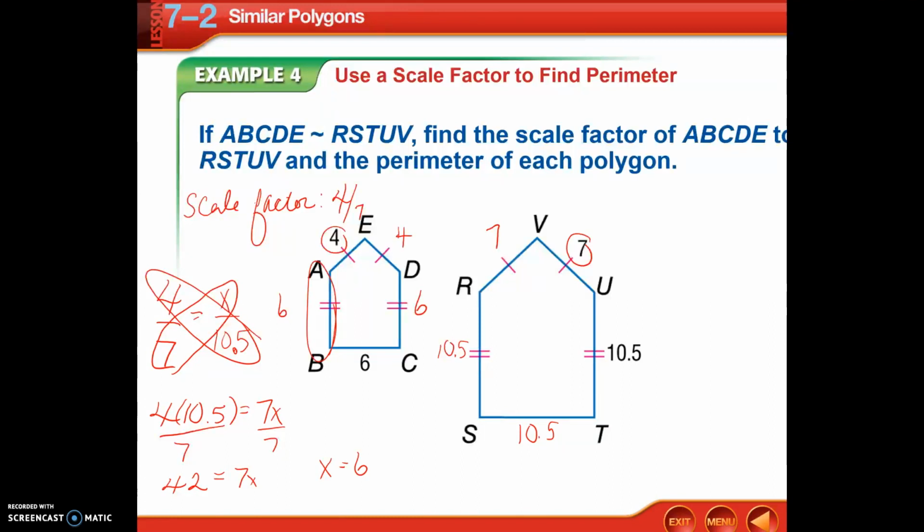So the perimeter of each polygon, the perimeter of ABCDE, would be 4 plus 4 plus 6 plus 6 plus 6. So 26. And the perimeter of RSTUV would be 7 plus 7 plus 10.5 plus 10.5 plus 10.5.